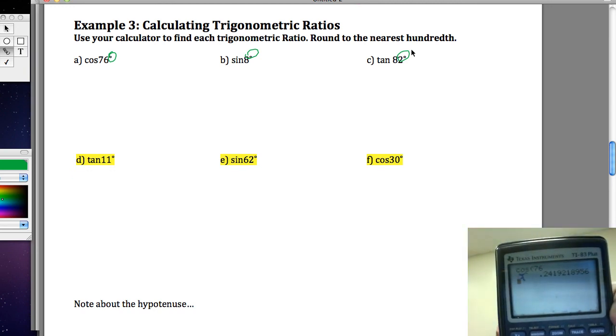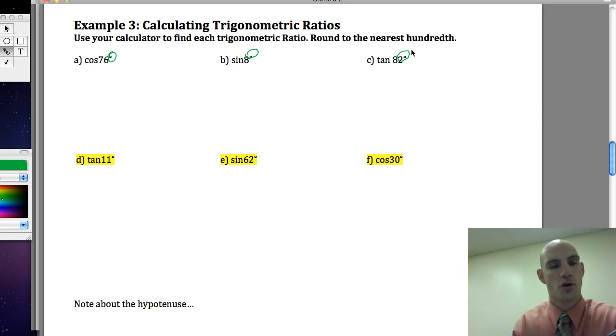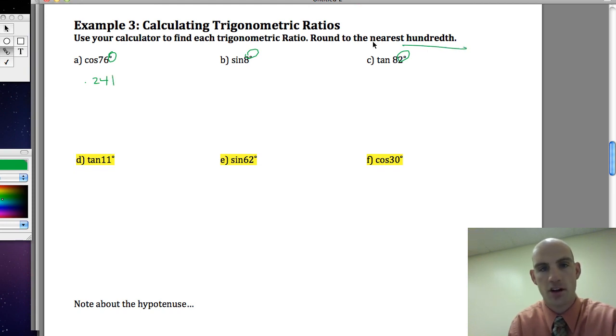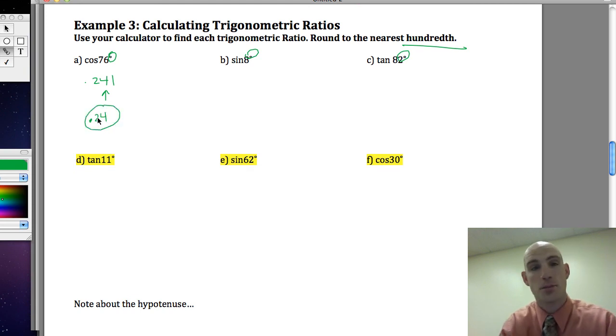Well, what I get is 0.241, and it wants the nearest hundredth, so that's tenths, hundredths, so it's 0.24. That's my answer. So these are pretty simple.